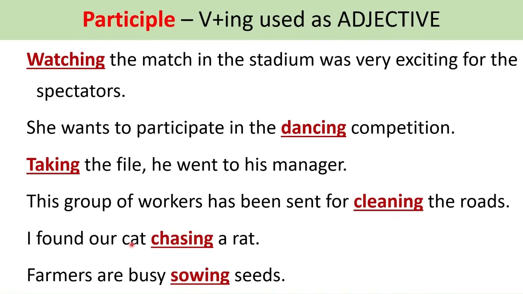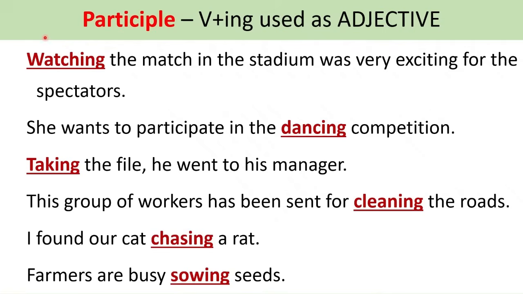I found our cat chasing a rat. Now here you have rat, the noun, chasing becomes adjective. Farmers are busy sowing seeds. Now here you have seeds, which is the noun. Adjective sowing is describing that noun. Therefore, it is the participle being used, the present participle being used as an adjective.